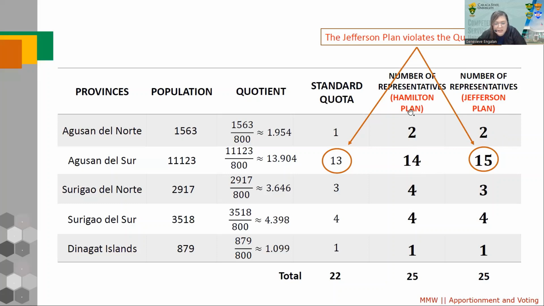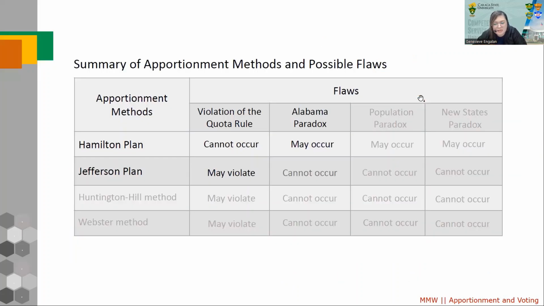So that is the flaw of the Jefferson plan. The flaw of the Hamilton plan is the Alabama Paradox. Remember the Alabama Paradox: when you add one representative, one state ends up losing one. And that is the Alabama Paradox. So this is a summary of apportionment methods and possible flaws.